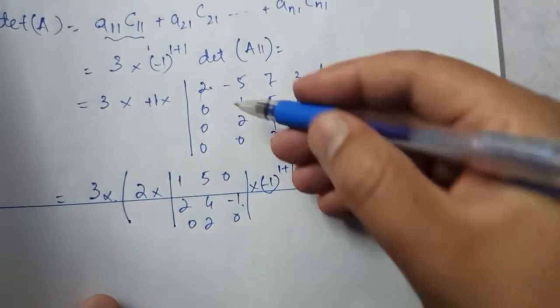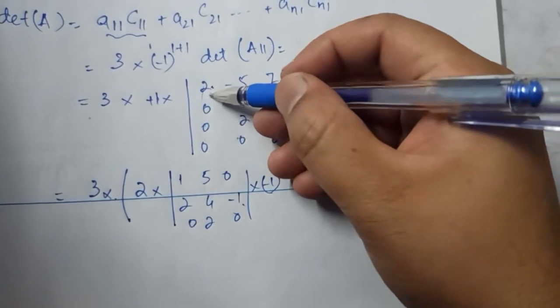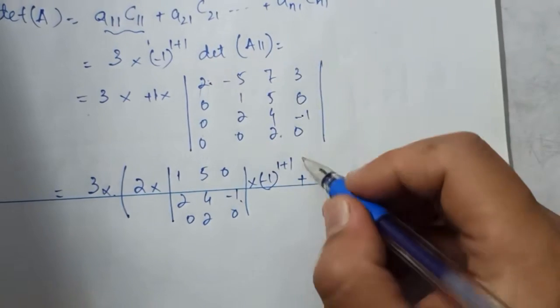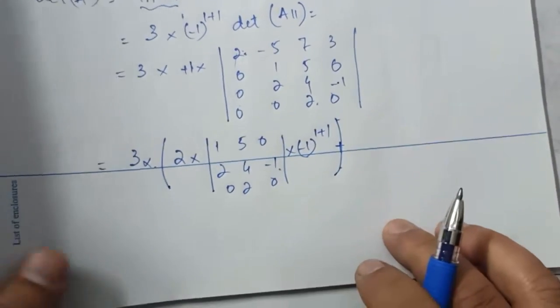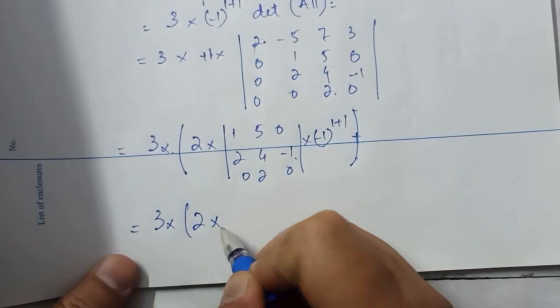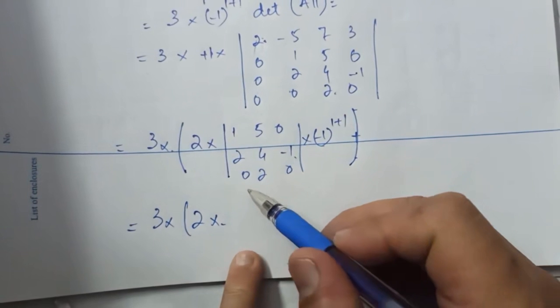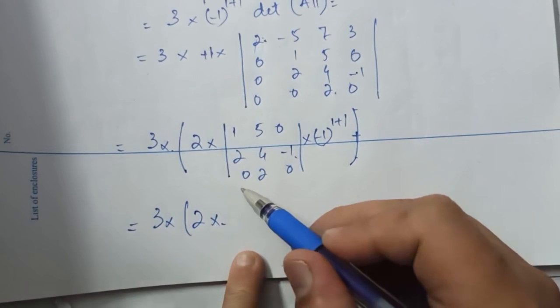Now if I expand this cofactor expansion from this side, I only have to calculate this one thing, so that closes out here.